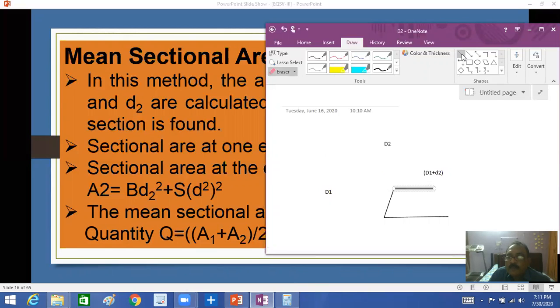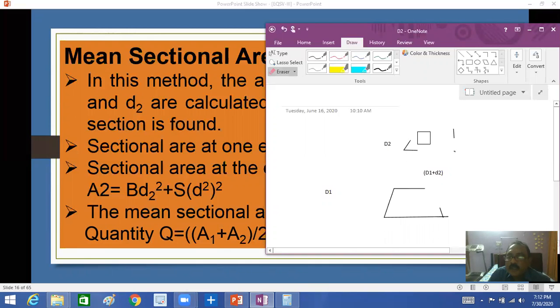Say this is B, same for both. Here same width, okay, and the height may be different. Height may be different here, right? This is for section 2. So this area you have to take care of.